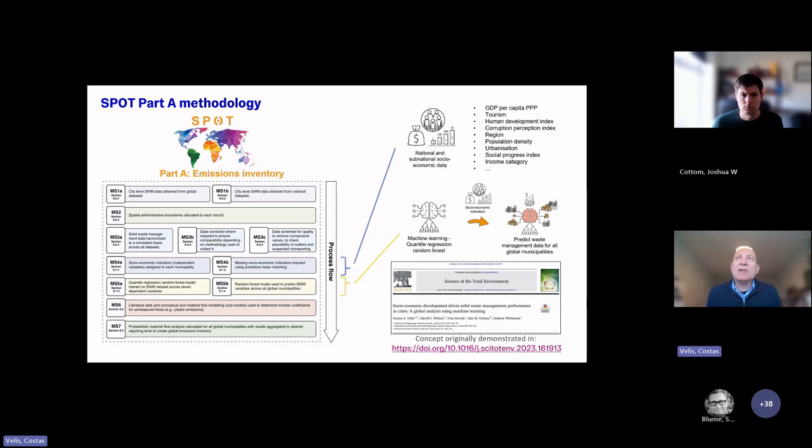But machine learning, artificial intelligence, gives us new opportunities to cover this gap with much more certainty and refinement than we could before with classic statistical methods. And we use developmental indices like GDP per capita, purchasing power parity, and things like that, to associate with waste management performance, which is something we have proved works in another paper earlier on.